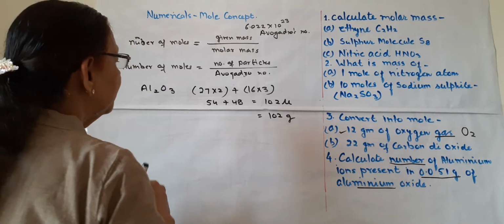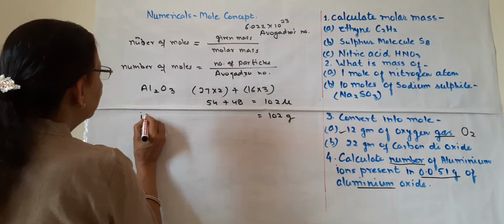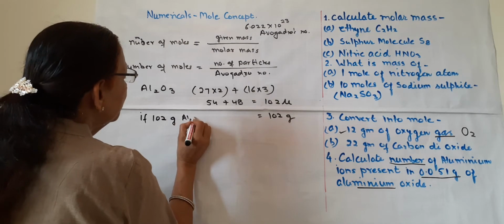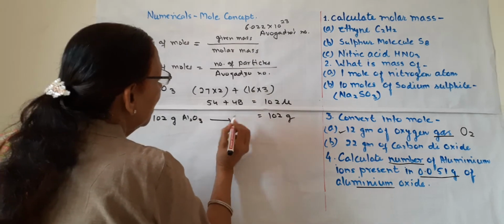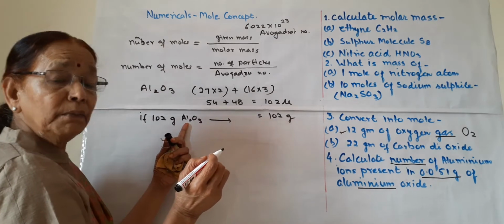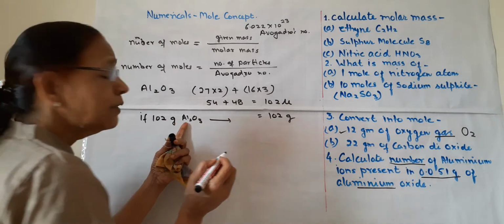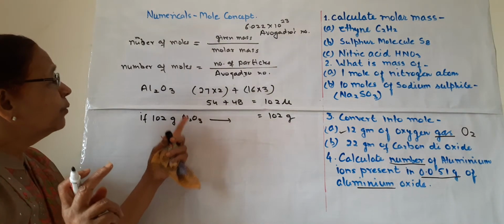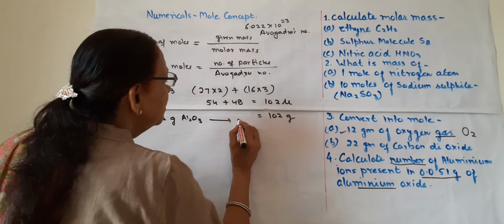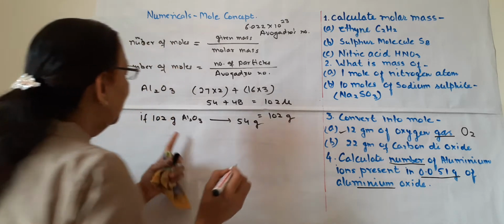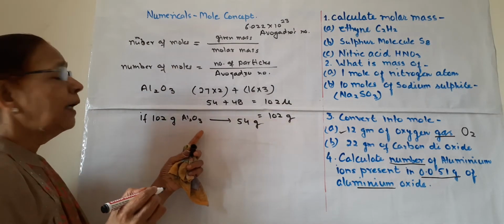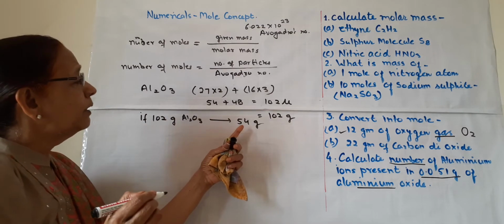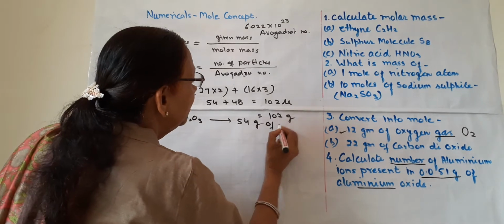Now with the unitary method, we can say, 102 grams Al2O3 has how much aluminium? It has 2 atoms or 2 ions, so 27 into 2, it means 54 grams of aluminium is present in Al2O3. 102 has 54 grams of aluminium.